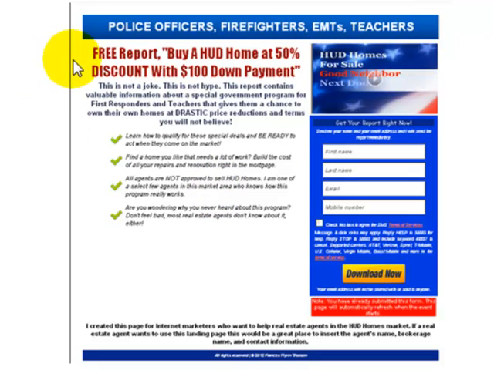And then the next thing you see here is a headline: free report, buy a HUD home at 50% discount with $100 down payment. That's what the report is, and the report makes a promise to supply some information with an extraordinary offer. I mean, how extraordinary can you get beyond buying a piece of real estate for 50% off?